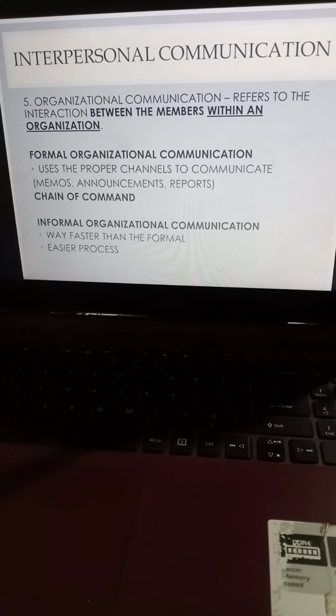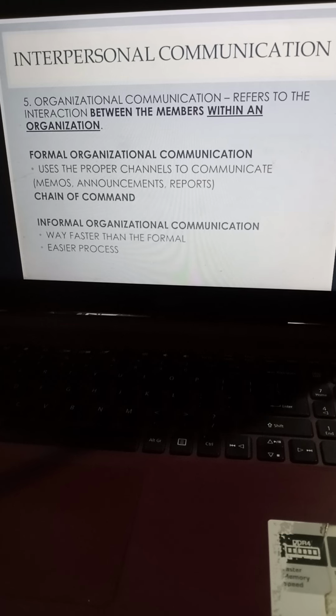Next, organizational communication refers to the interaction between the members within an organization. So, only inside the organization. So, the flow of communication could be either formal or informal. So, formal organizational communication uses the proper channels to communicate, like memos, announcements, reports that are passed along to the members of the organization following the chain of command.